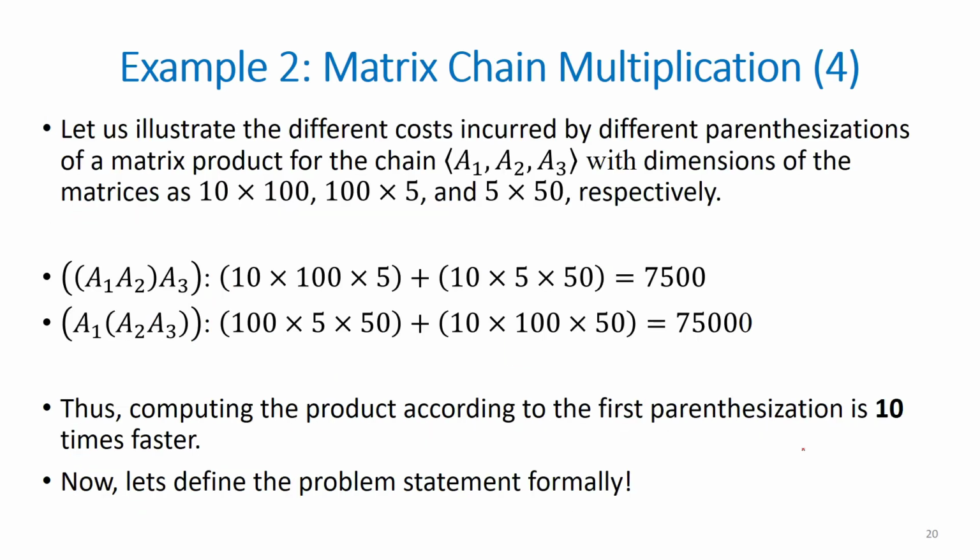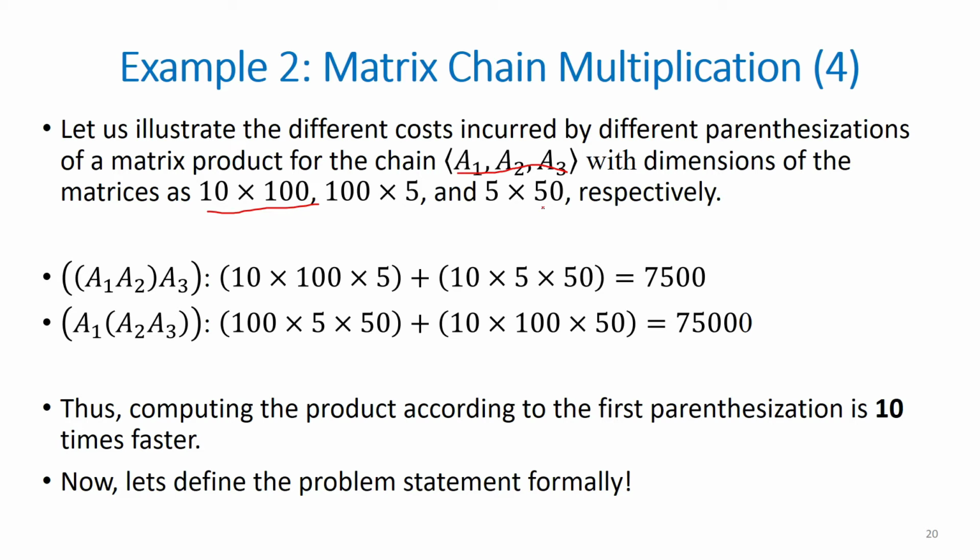To show how the choice of fully parenthesized matrices can impact the total number of scalar multiplications, consider the three matrices A1, A2, and A3, where A1 is of dimension 10 times 100, that means it has 10 rows and 100 columns. A2 is 100 times 5, and A3 is 5 times 50.